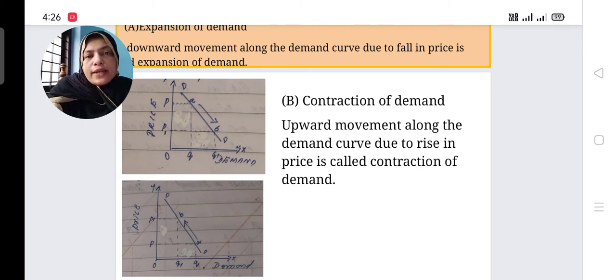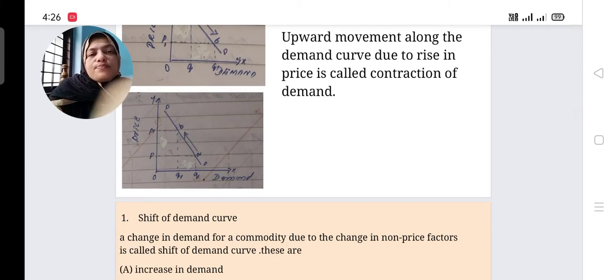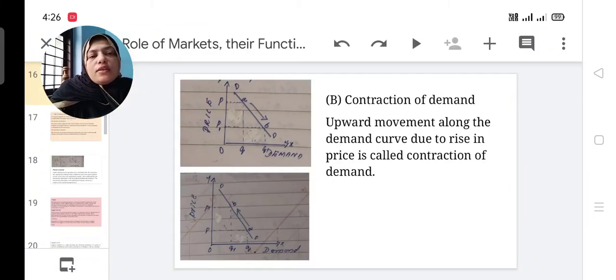Then contraction of demand, that is upward movement along the demand curve due to rise in price. In the second picture, first price is OP. At that time he bought OQ quantity.